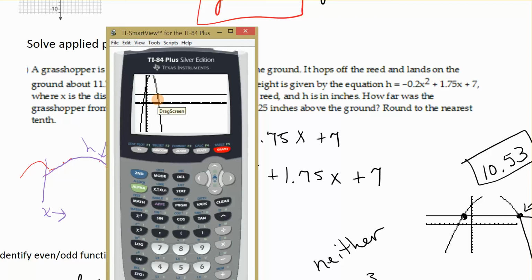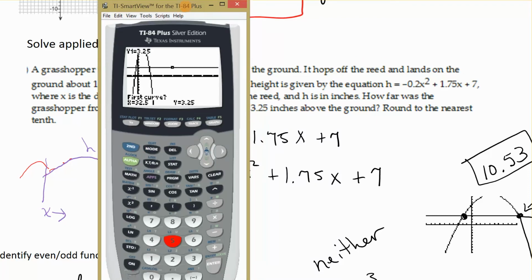Do we need this X value here? That's a negative X. That's negative inches. So we don't need to worry about that one. We're only concerned here. So we'll do second calc 5. And we are over this way, so we'll come back this way a little bit. And we'll hit enter, enter, enter. And we get 10.53.